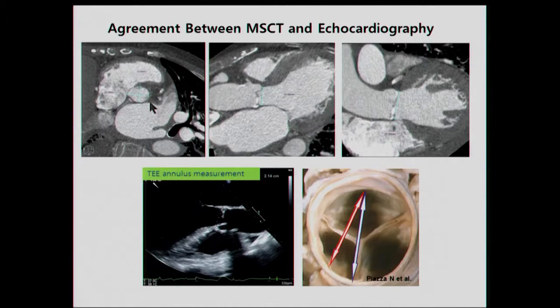From a CT image, we can see the annulus is elliptical in shape. Sagittal and coronal diameters are different. This is one reason why there is a difference between annulus measurement by echo and CT. There's also a hazard of not measuring the full diameter of the annulus if we measure it through the traditional sagittal view image.